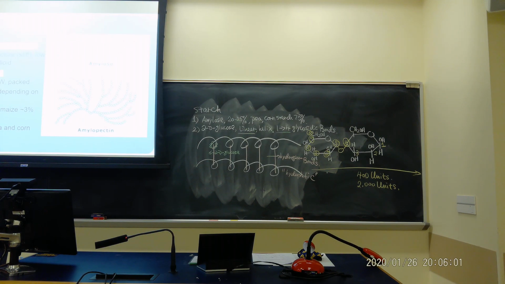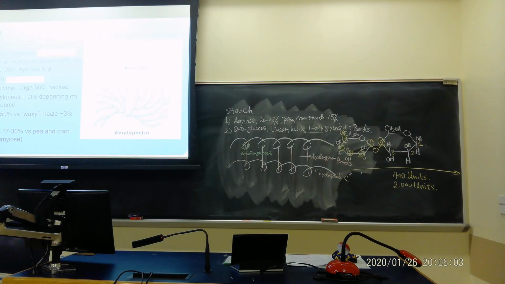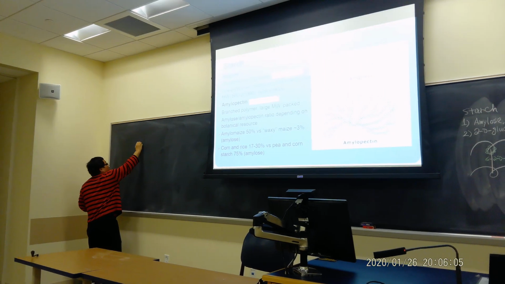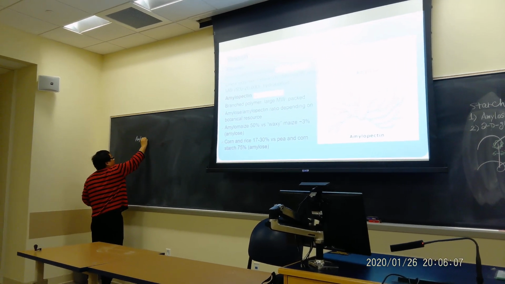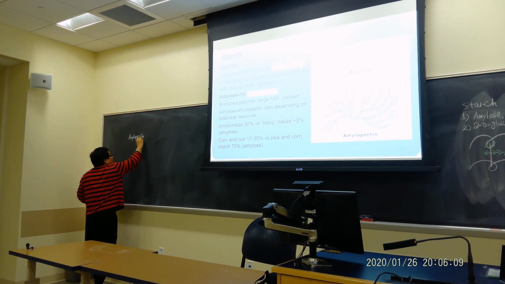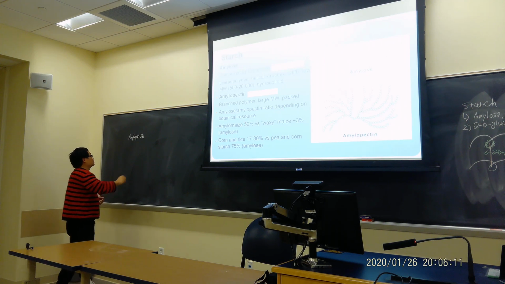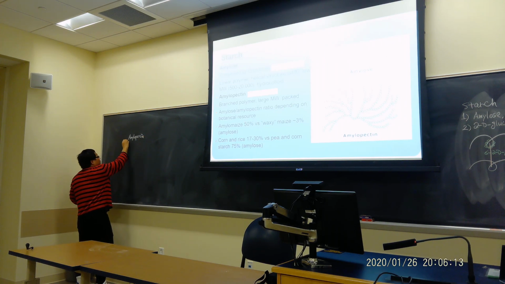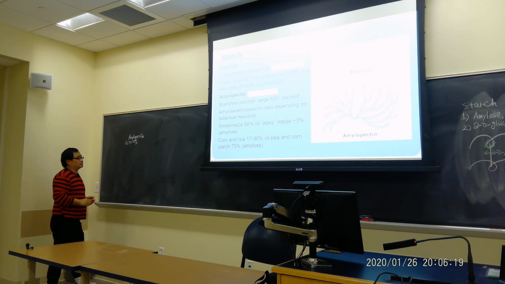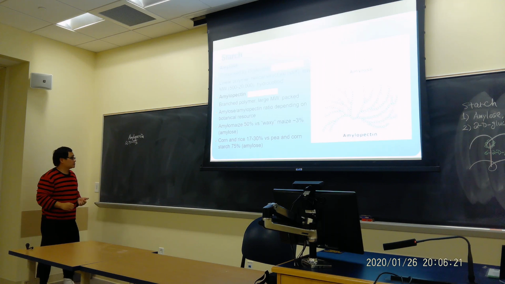Now we want to talk about the second component, which is amylopectin. Okay, this one makes up 70 to 75% of the starch.